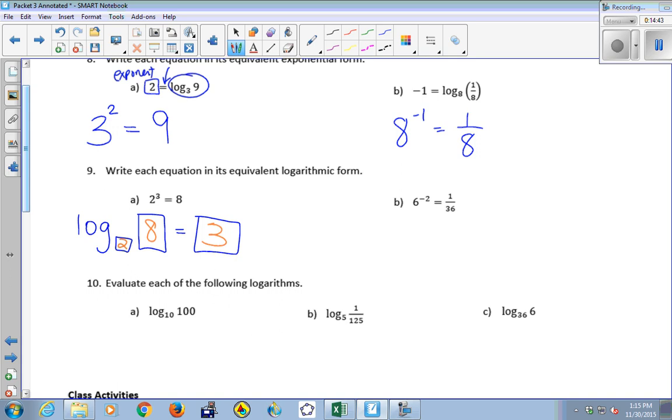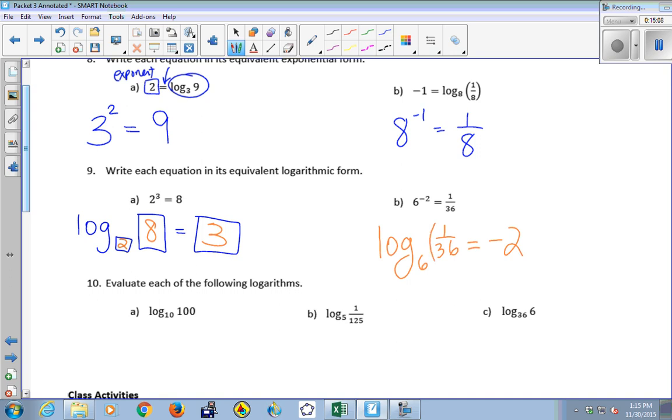All right, one more. 6 to the -2 equals 1 over 36. So log base 6. Yep, my base is 6. And then what do I put on the right-hand side of the equal sign? -2, that's the exponent, yep. And then the only other thing is 1 over 36.